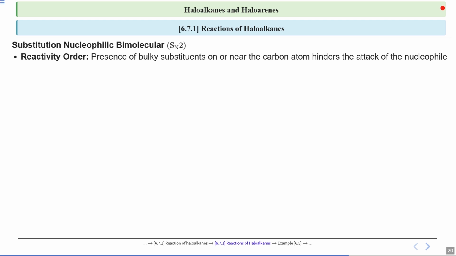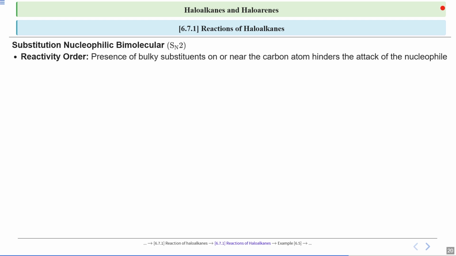In the other way, you can say that if any bulky substituent is present on the carbon atom, or near the carbon atom, that group will hinder the attack of the nucleophile. Because in a single step, the nucleophile is going to attack the carbon from the opposite side of the carbon halogen bond, right?